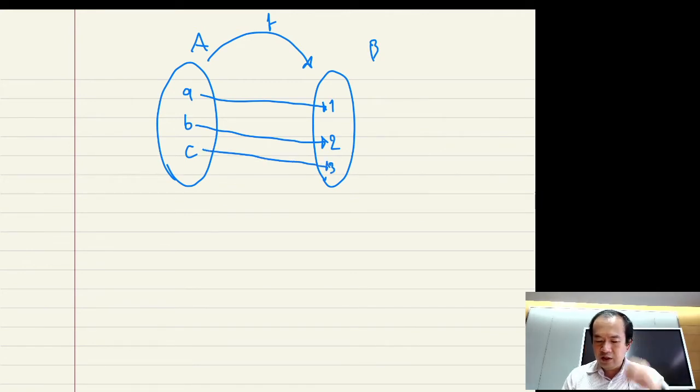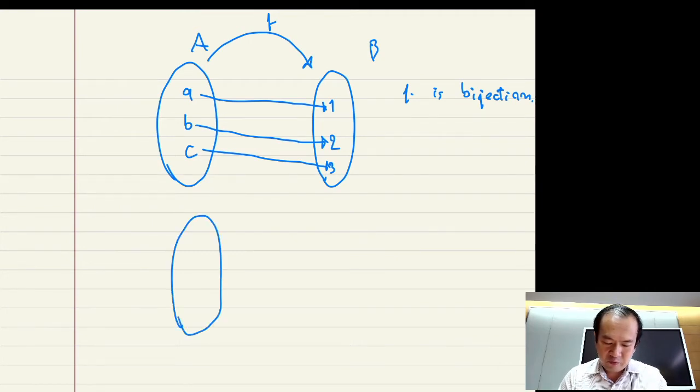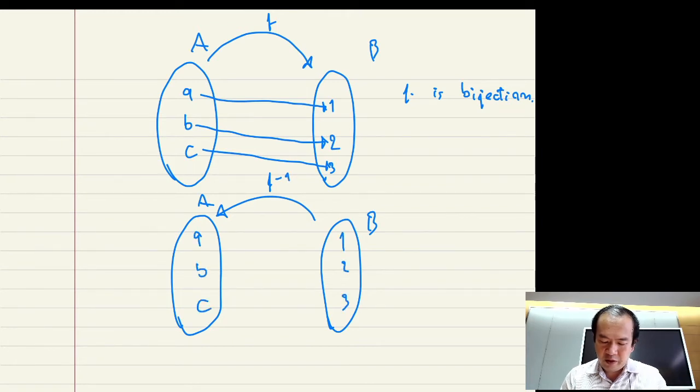So as you can see, f is a bijection, which is one-to-one and onto. Okay, so the inverse of f would be something like this, right? a, b, c and 1, 2, 3, and it will be like this, the opposite.